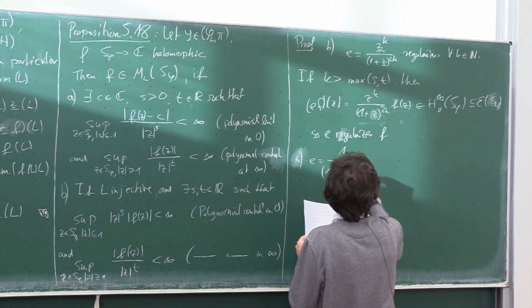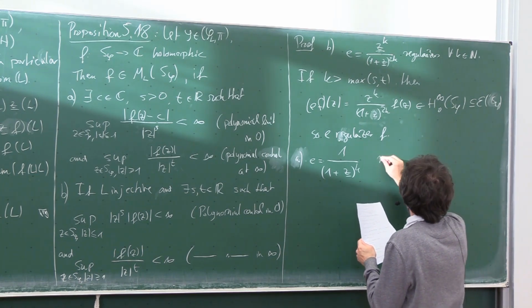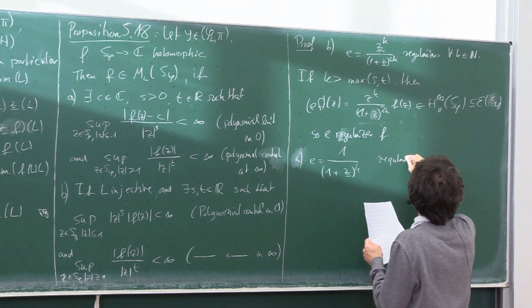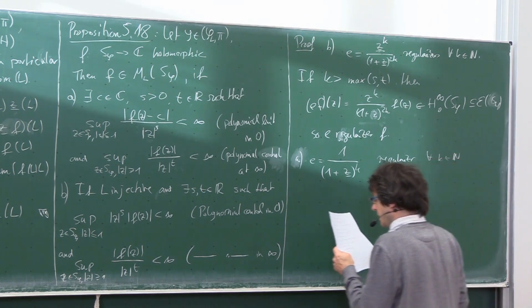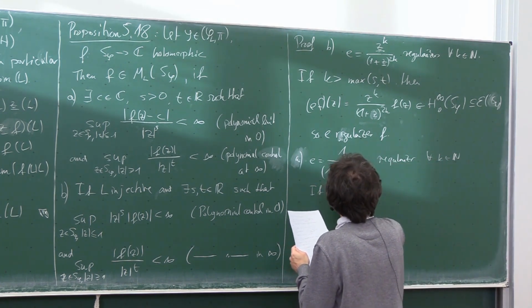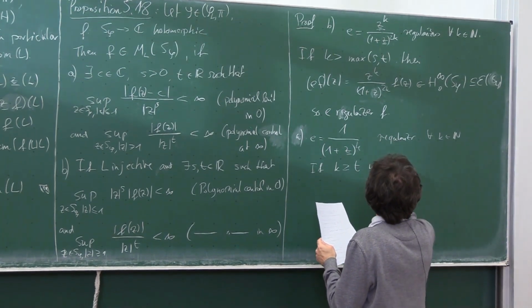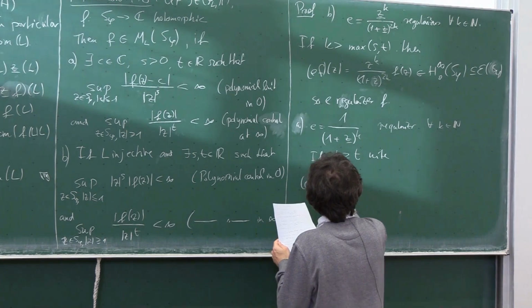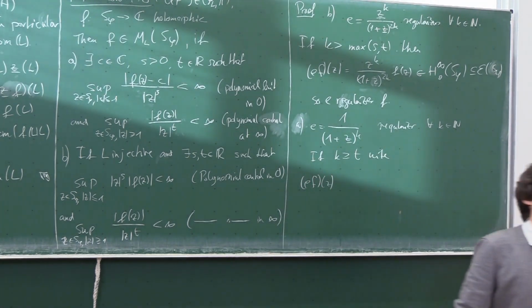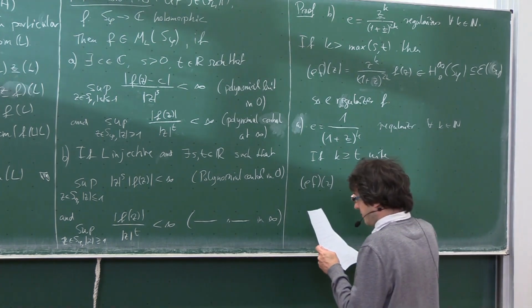So the function 1 over 1 plus z to the k is a regularizer for all k in N. And now again, take your k greater or equal to t, and then you have to look at EF of z and show that this is in the Dunford-Rees class. Okay, what is EF of z?